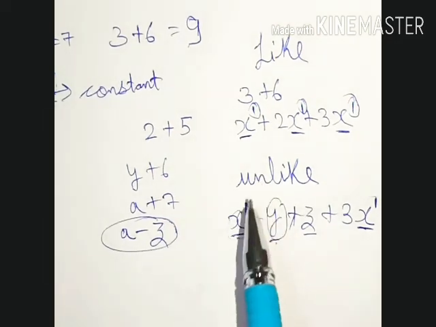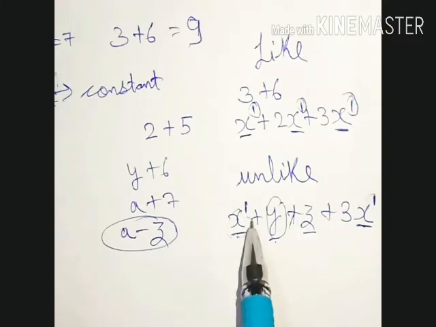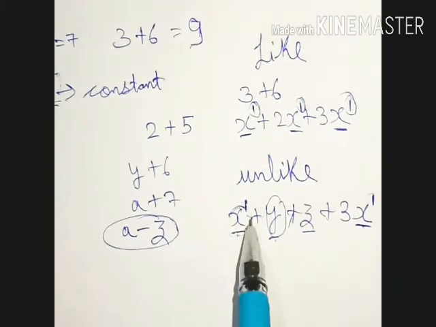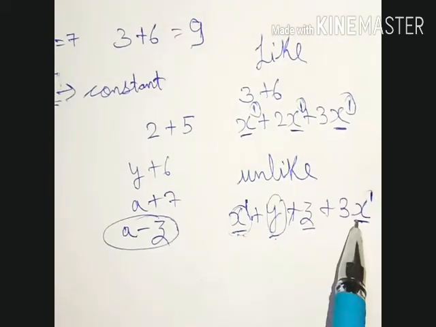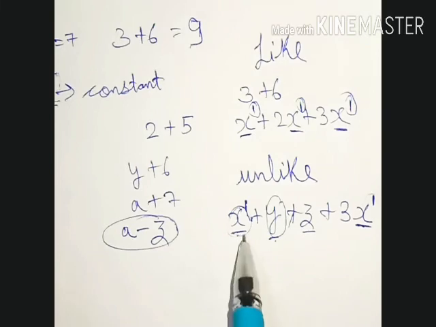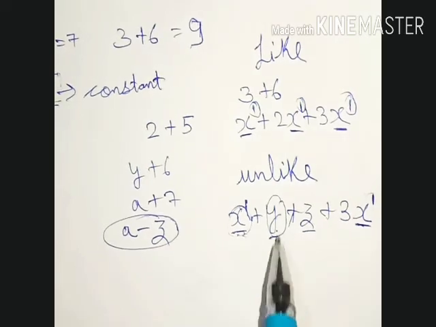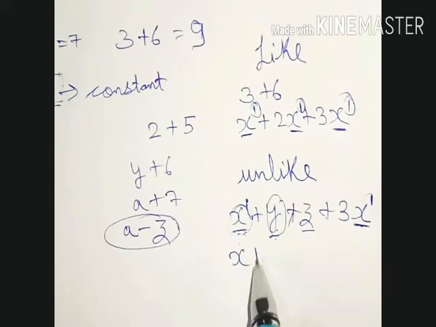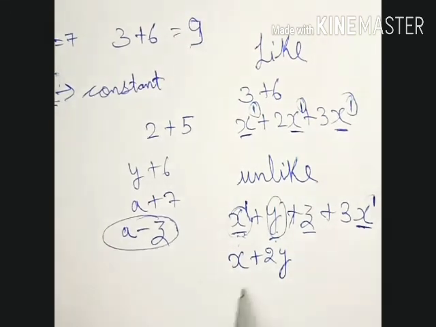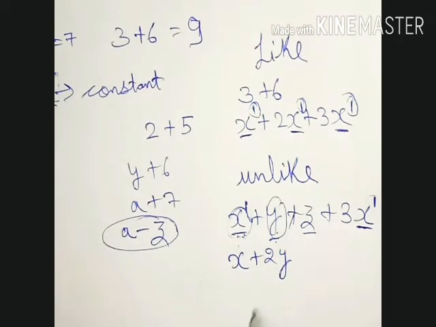To add or subtract, we first need to differentiate between like and unlike terms, because like terms add with like terms, and no addition or subtraction takes place between unlike terms. If I write x plus 2y, we are not able to add these terms.